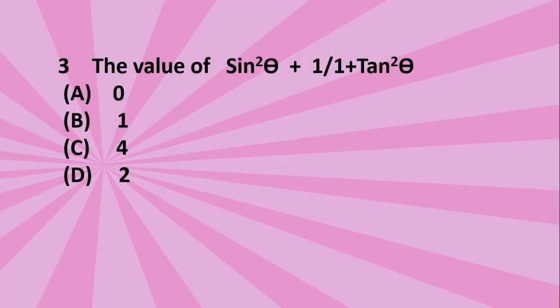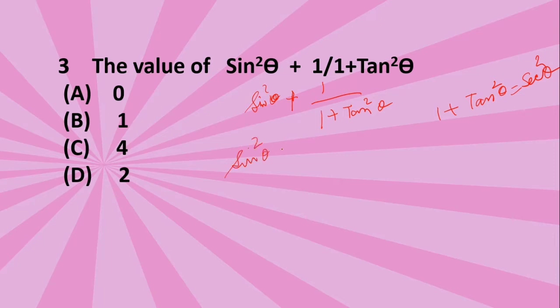The value of sin square theta plus 1 upon 1 plus tan square theta. Now from the second identity, you know 1 plus tan square theta is sec square theta. So you can write sin square theta plus 1 upon sec square theta.